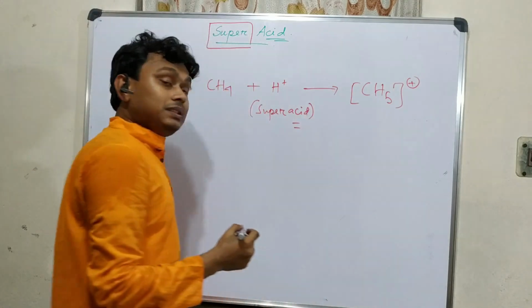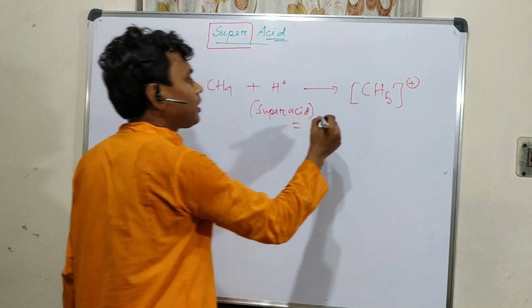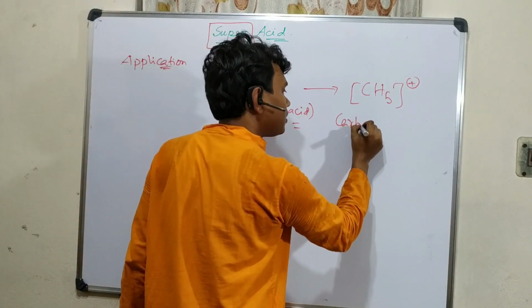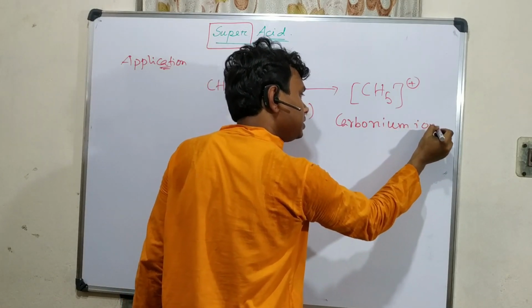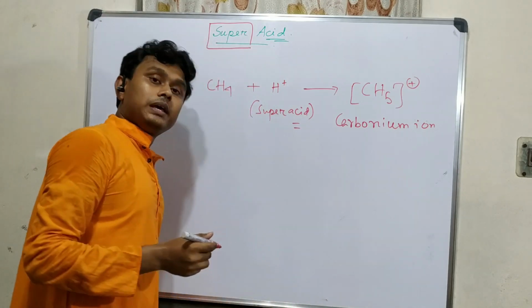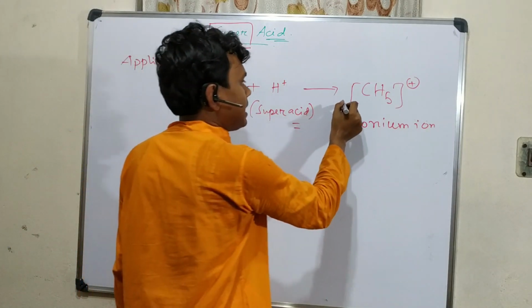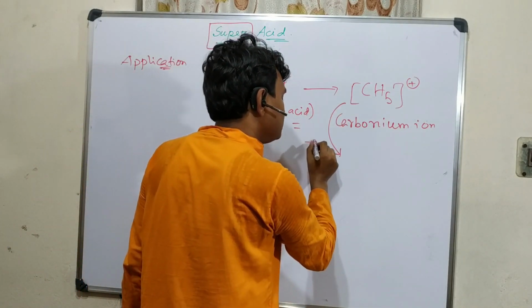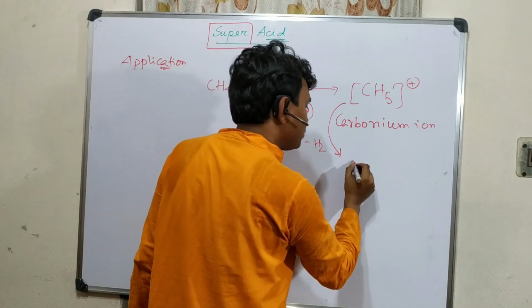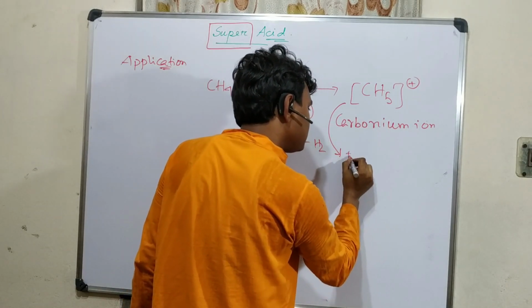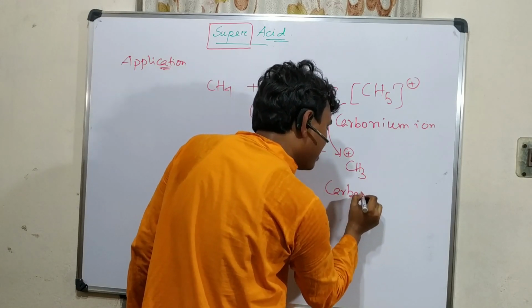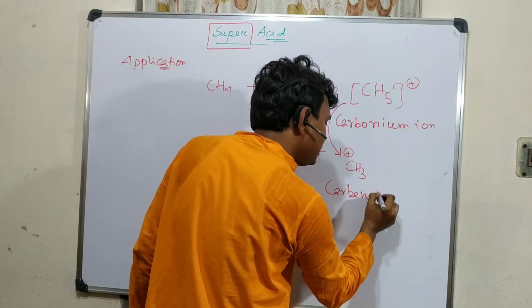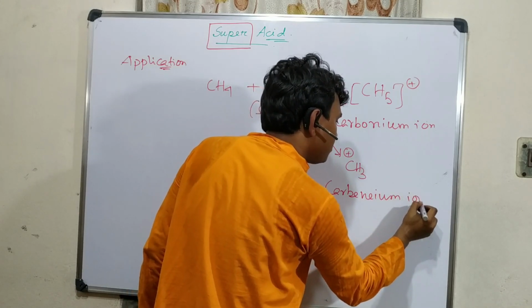This is called a carbonium ion. In a separate video I will explain this in detail. It then removes one H2 to produce CH3 plus, which is a carbenium ion, spelled C-A-R-B-E-N-I-U-M.